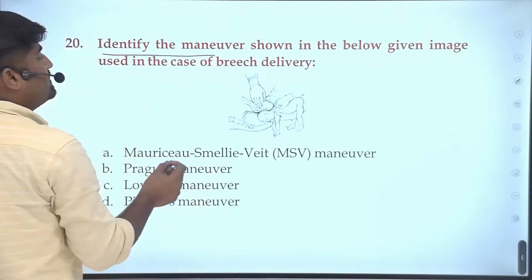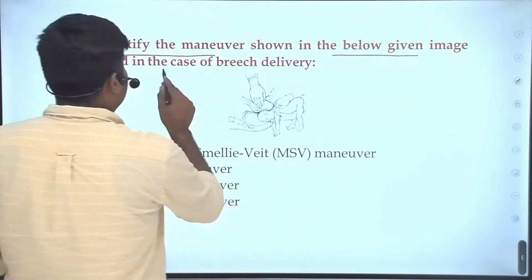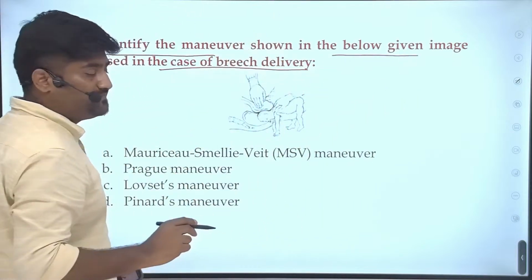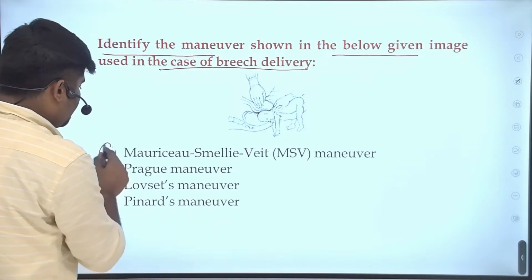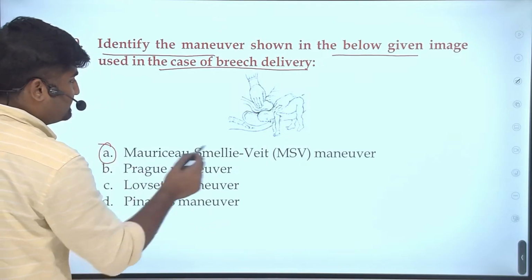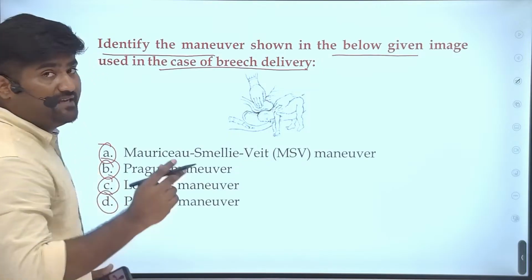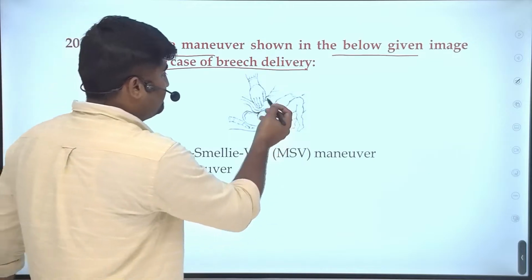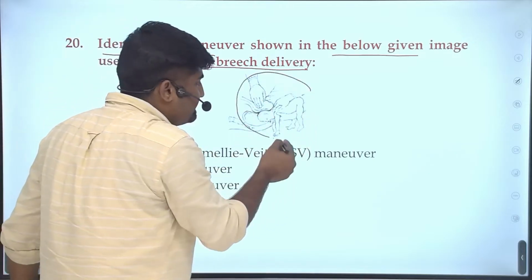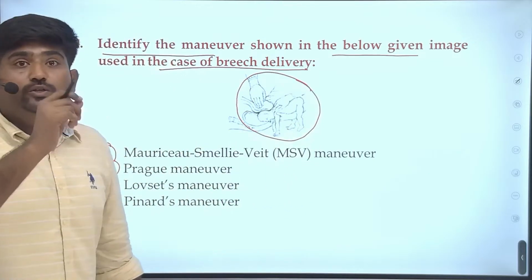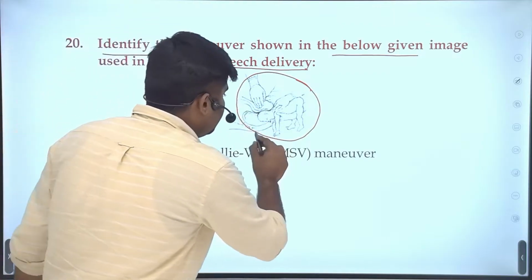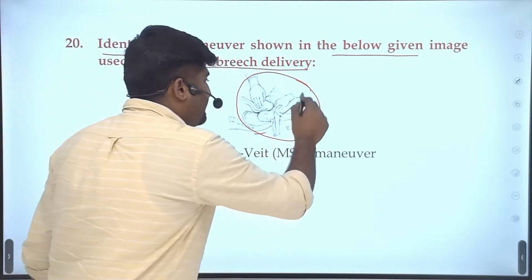Identify the maneuver shown in the below image in case of breech delivery. Whether it is Mauriceau-Smellie-Veit, that is MSV maneuver, Bracht's maneuver, Lovset maneuver, or Pinard's maneuver. Pinard's maneuver, you all know, it is not a Pinard's maneuver, because two clinicians, I have already told a clue, two clinicians are making the delivery.